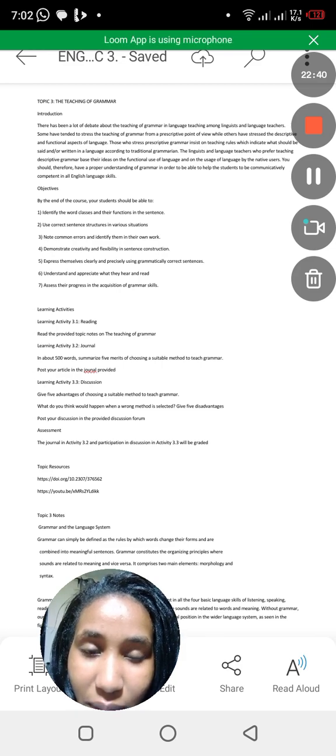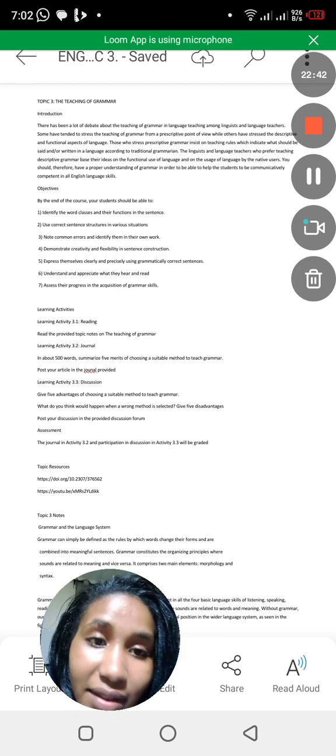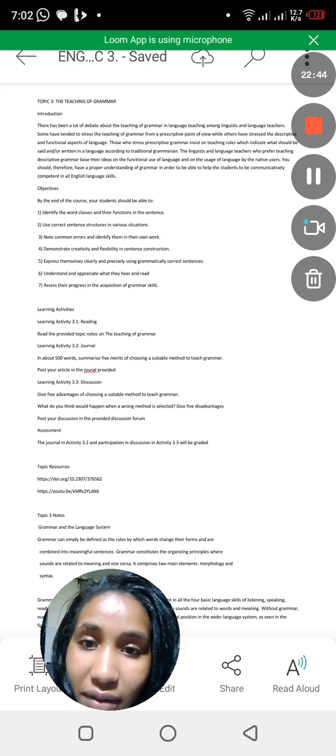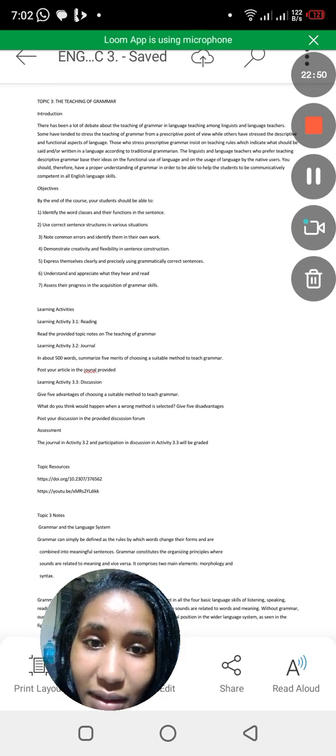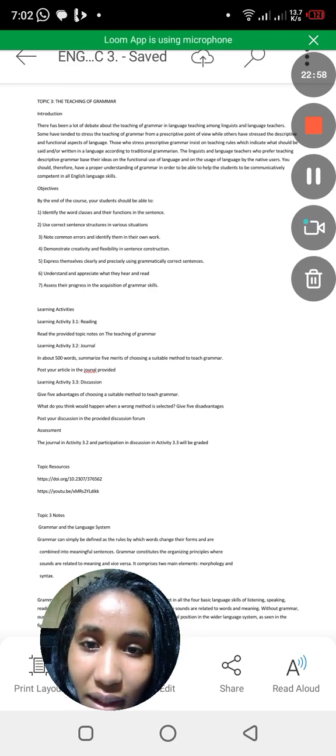It is made up of organizing principles where sounds are related to words and meaning. Without grammar, our utterances would be unintelligible. Grammar also takes the central position in the wider language system, as seen in the diagram here below.